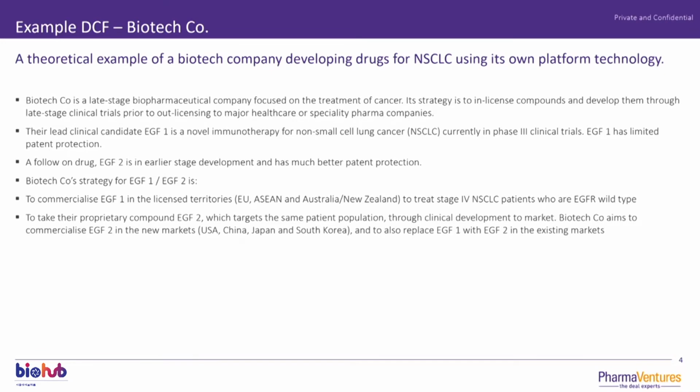And then take EGF-2, targeting the same patient population, through development, and commercialize it in USA, China, Japan, and South Korea, so new markets for that, but also replace EGF-1 in the existing market. So there's a crossover because it's a better product with better patent protection.